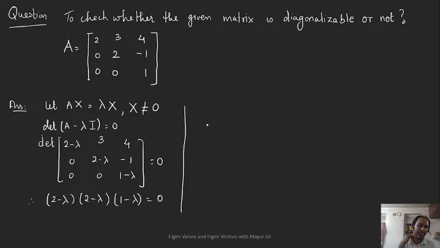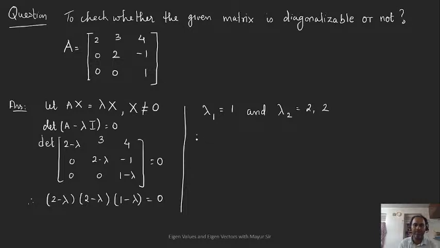Now the next part is we have to find the eigenvalues. So eigenvalues are pretty much available. Lambda 1 is 1 and lambda 2 is 2, 2. Okay, there are two distinct eigenvalues.